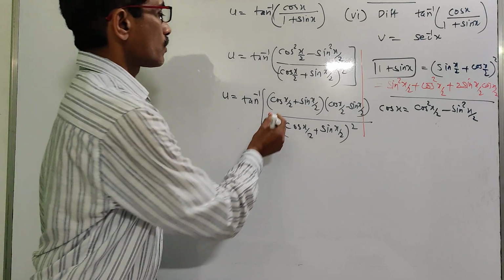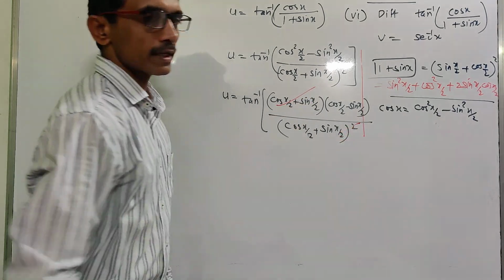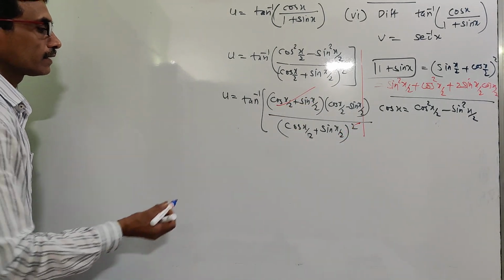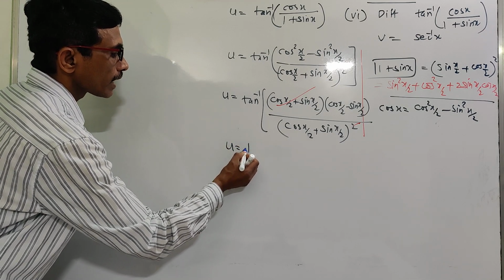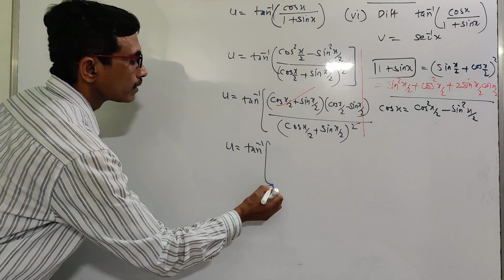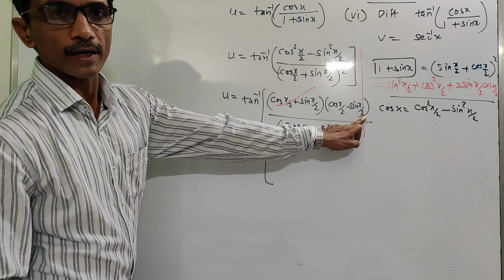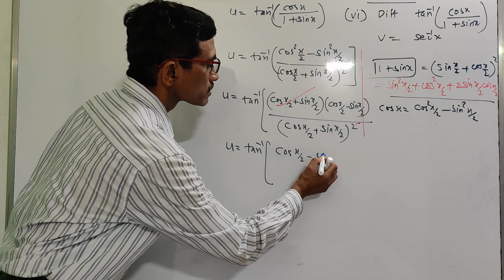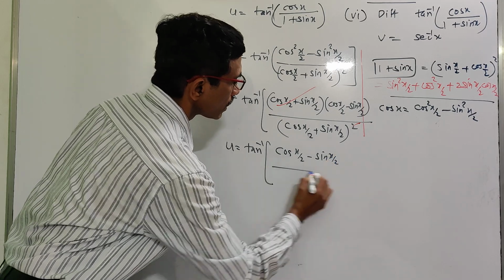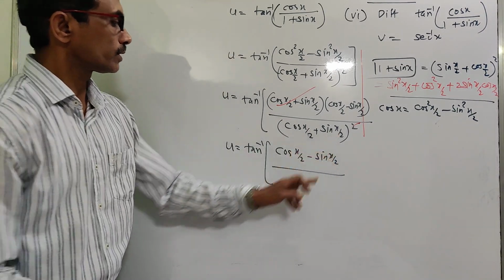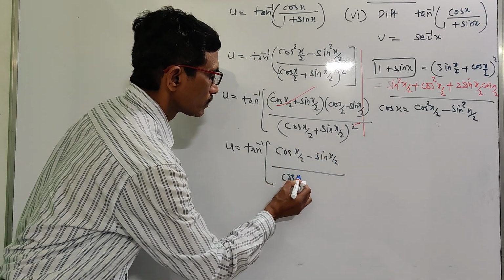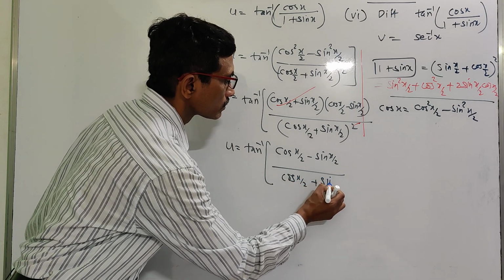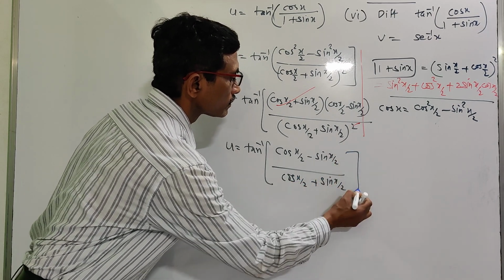Now clearly one factor of cos x by 2 plus sin x by 2 is getting cancelled, and u will be equal to tan inverse of cos x by 2 minus sin x by 2 upon cos x by 2 plus sin x by 2.